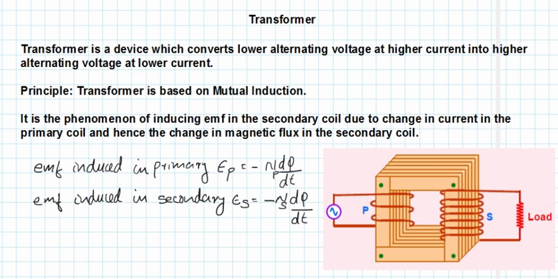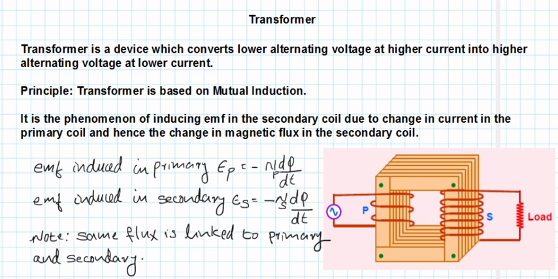This EMF is induced due to the alternating current from the AC source, and this produces an induced EMF in the secondary. Because of the change in the flux in the primary, there is an EMF induced in the secondary. So this EMF induced in the secondary, say ES, is equal to minus NS into d phi by dt, where NS is the number of turns of the secondary.